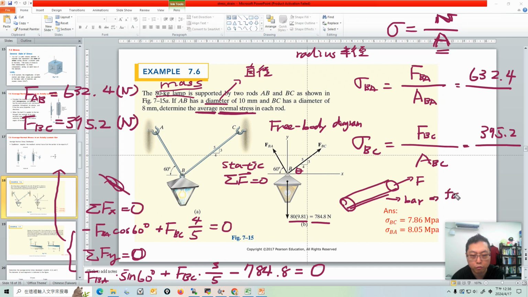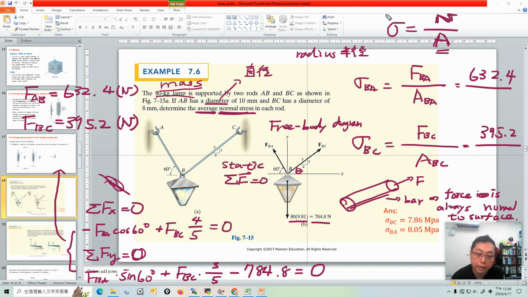The applied force is a tension, and tension is always normal to the surface.